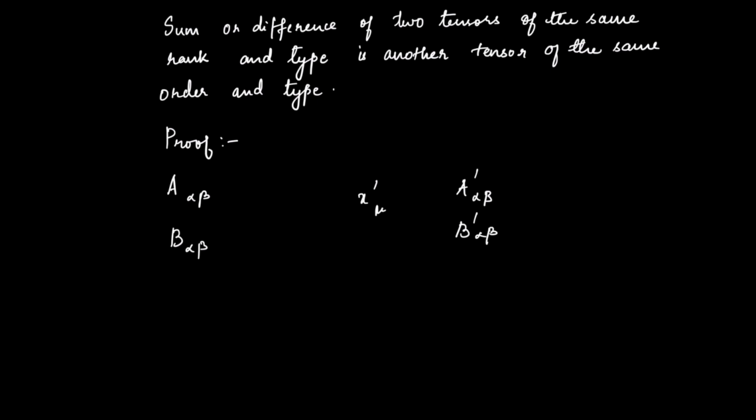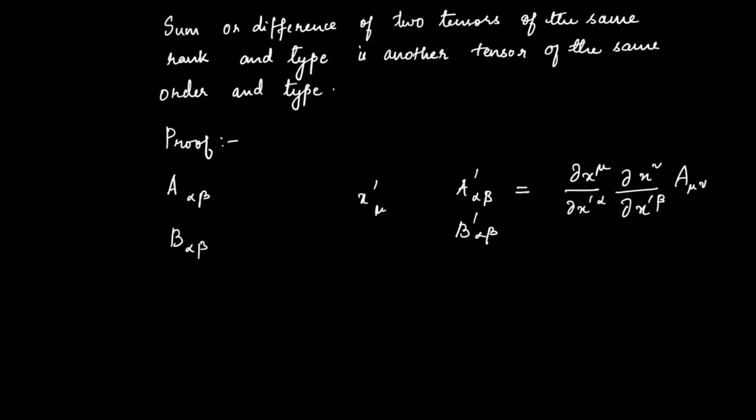So I can write A prime alpha beta is equal to partial derivative of x mu with respect to x prime alpha, partial derivative of x nu with respect to x prime beta, A mu nu. So this is the transformation for a covariant tensor of rank 2.